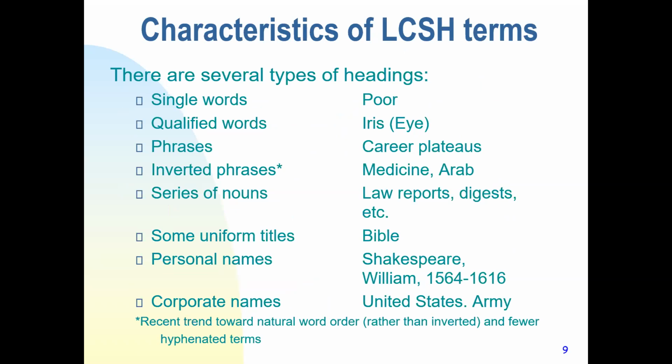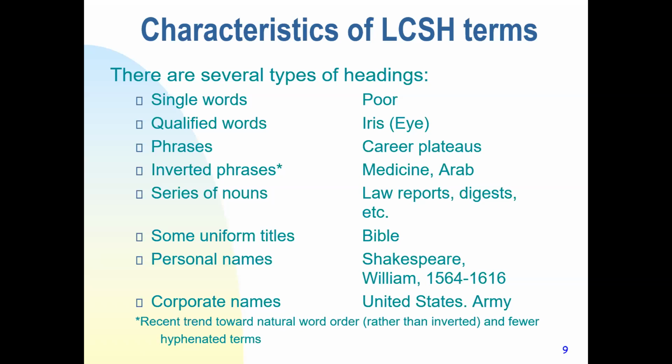So in this example, we're talking about the iris, the part of the eye, not the flower. Sometimes there are phrases like career plateaus, and other times there are inverted phrases. This means that the noun comes first and then the modifier.